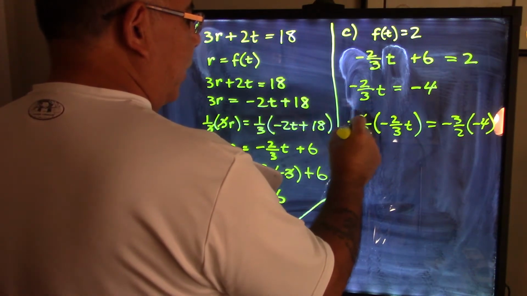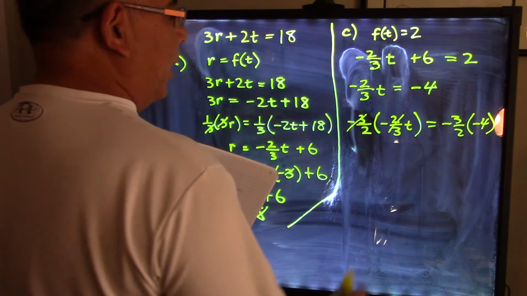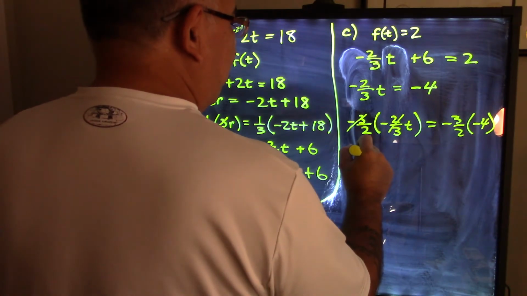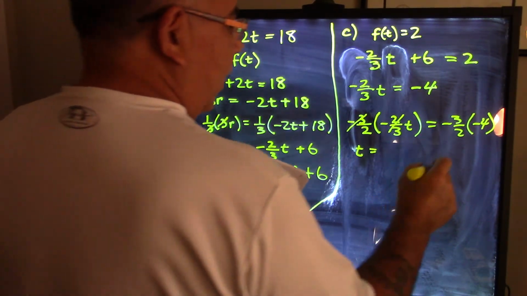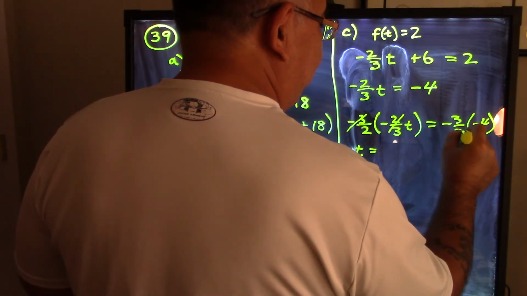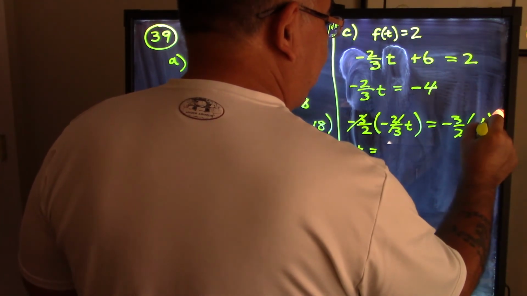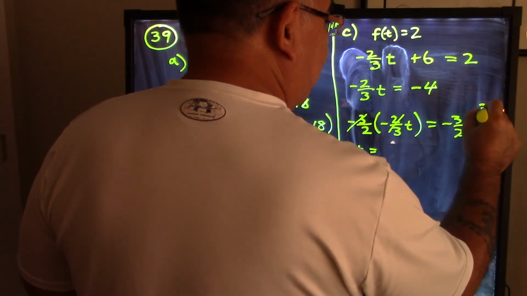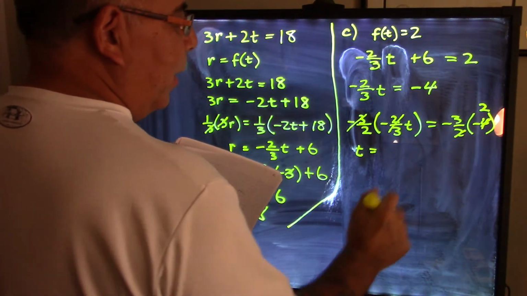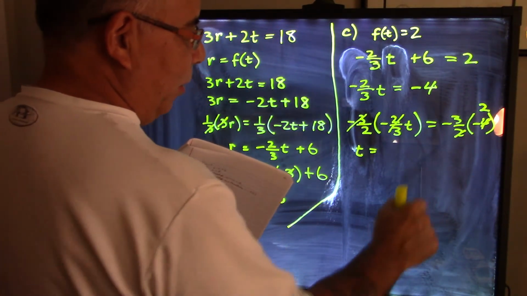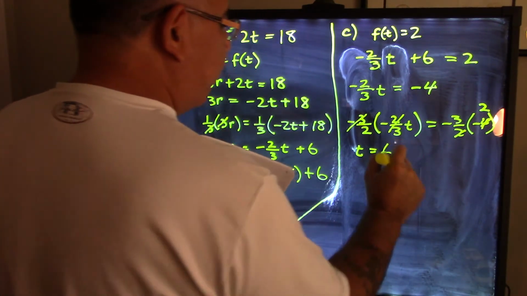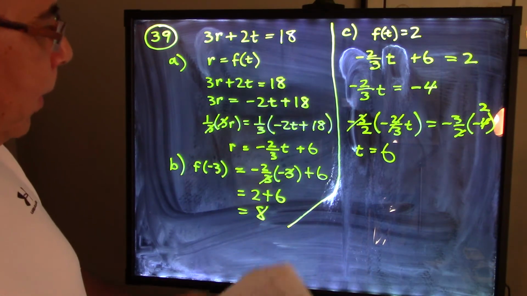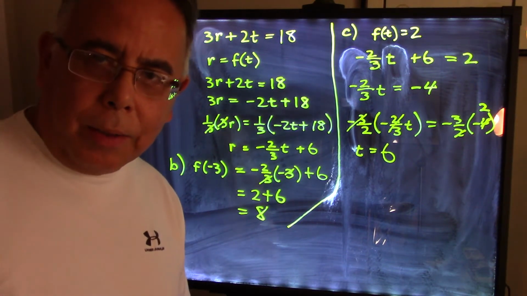And you got canceling going on here, and negative times negative is positive. So that just gives you a t, which is what we want, on the left side. And here you cancel the 2 and the 4. 2 goes into 4 2 times, so that becomes a 2. Negative times negative is positive, so what you get is 3 times 2 is 6. So t is equal to 6.